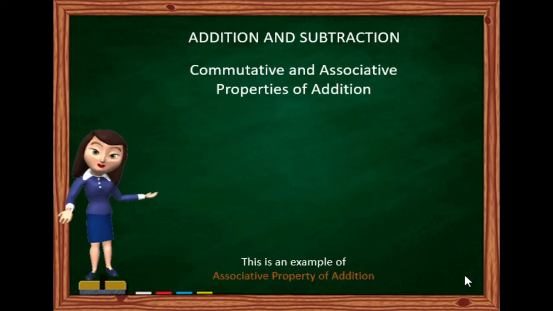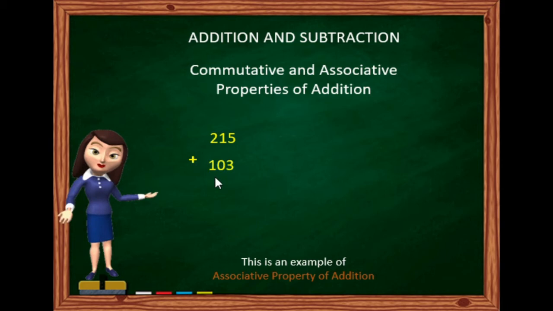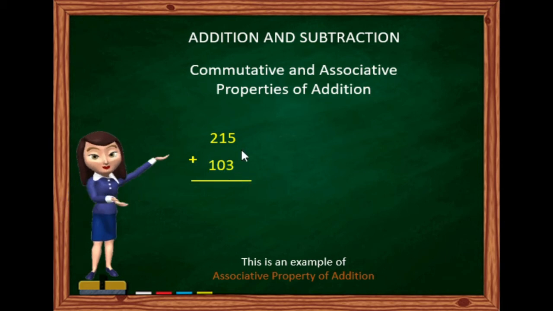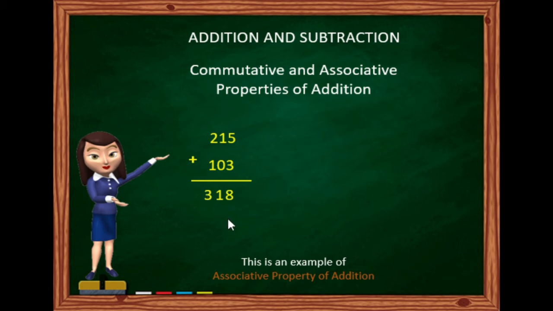Next, how about this example? We have here 215 plus 103. 5 plus 3 equals 8. 1 plus 0 equals 1. 2 plus 1 equals 3.